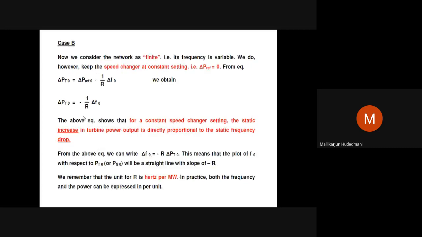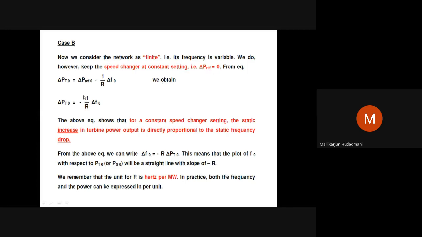Next, suppose it is a finite, real-time power system. So consider this network as finite; its frequency is variable. That's the meaning. When I say finite, frequency is variable. So we keep the speed changer at a constant setting, that is delta P ref equal to 0.